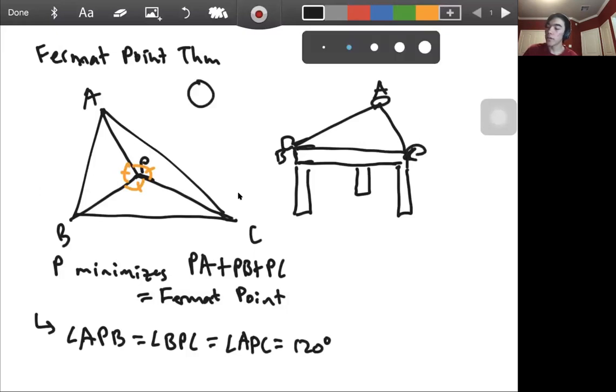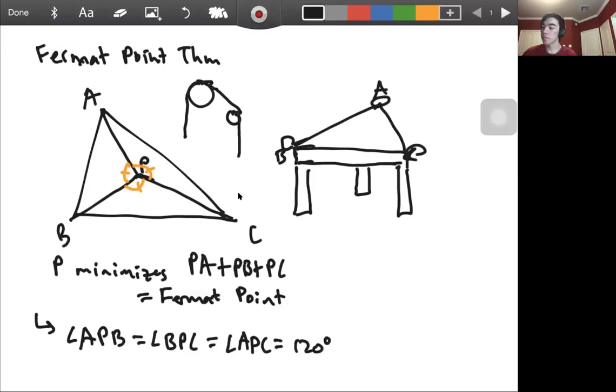A pulley is a system where you have a rope that goes over the pulley, and then the rope goes somewhere else, maybe to another pulley or something. And I'm going to attach those ropes to objects. And then I'm going to connect the ropes together at this point.